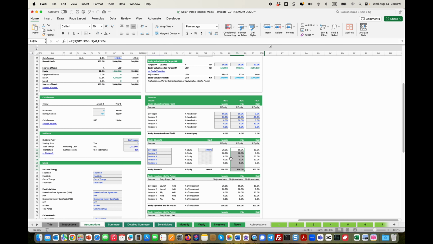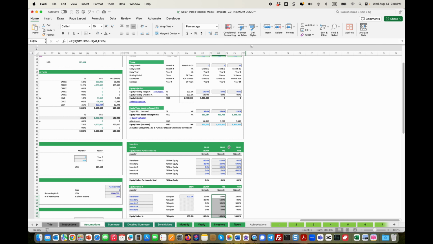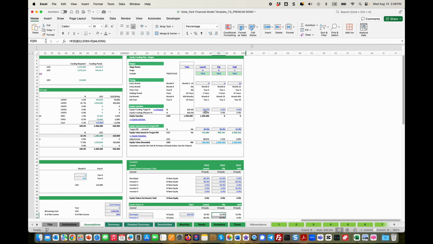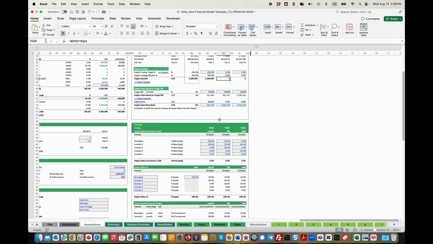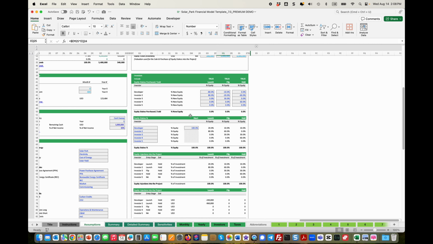And the idea of doing it this way is the project is fully financed, all the equity is in there, but we can then actually start to flip the project. That means the investors, you see here, the developer can slowly start to get out and sell some of his equity, and then new investors come in and they will be the new owners of the company. So here at launch, a lot of risks.